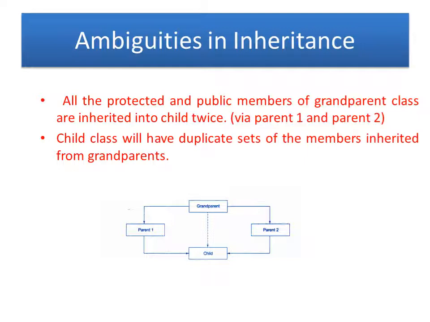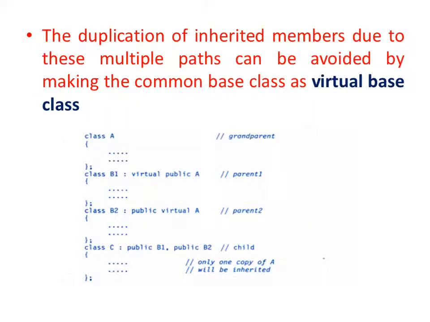In order to overcome this, we move to the virtual base class. What is done is that the class which is the common base class is made virtual. If it is made virtual, the duplication of the members will be avoided in the derived classes.